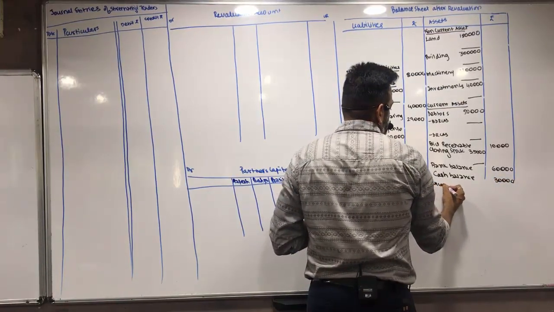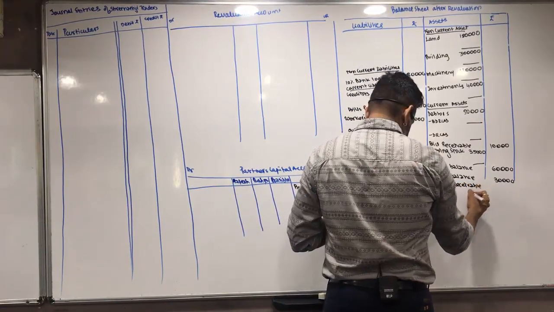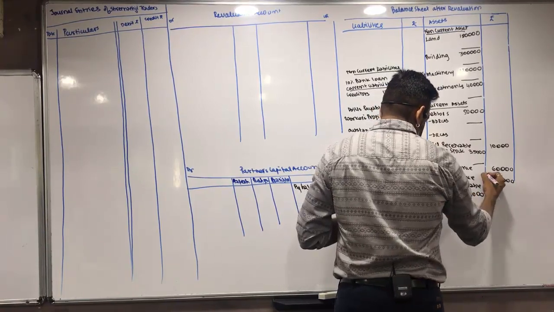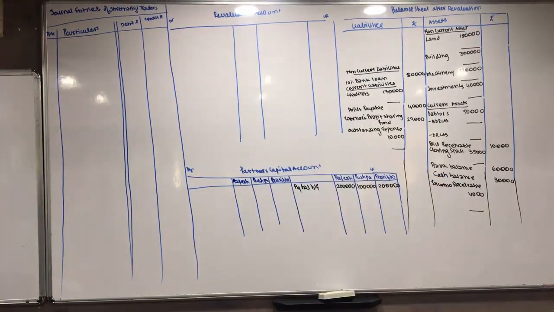Income receivable, inner column 4,000. Okay, proceed now. Is everyone done till here? Okay, now we go to the adjustments. Pay attention please.